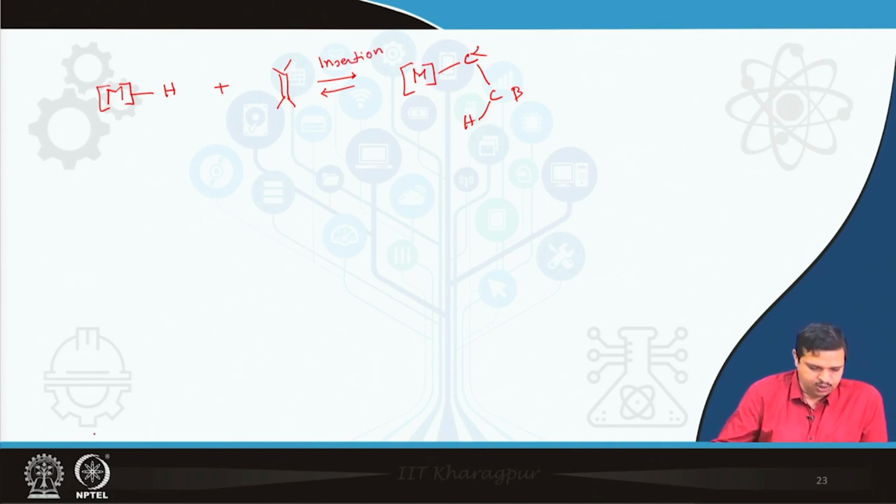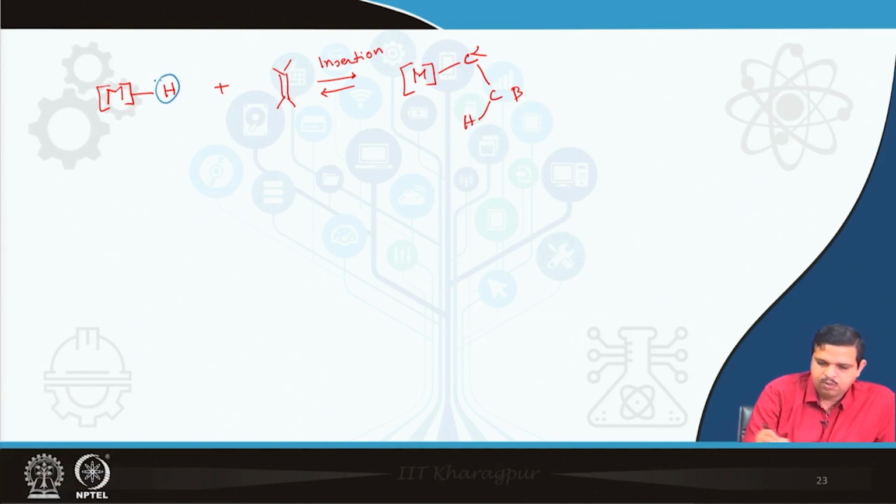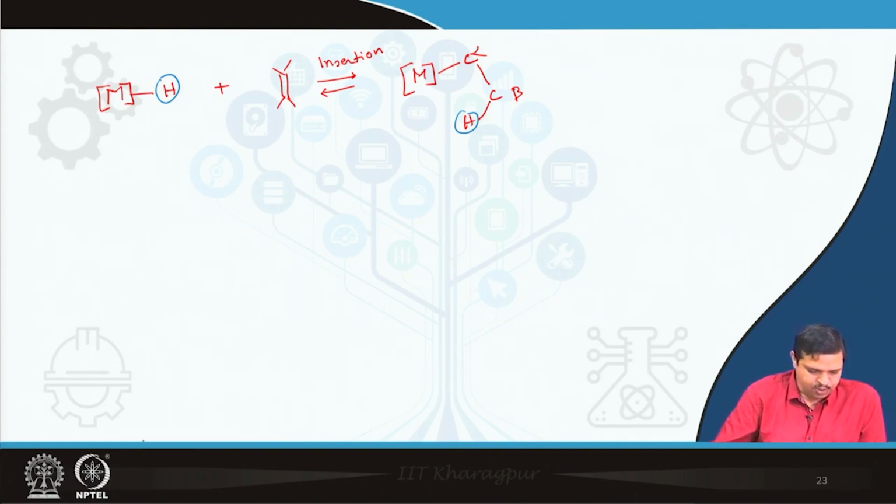So, this H remains as a hydride in this complex. So, this hydride is now migrated to the beta carbon, and you will get this kind of an intermediate.